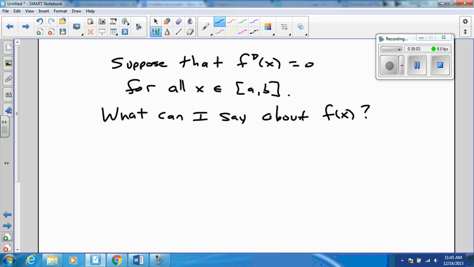How many of you have a function? How many of you drew a horizontal line? Is it possible to draw any other function other than a horizontal line? No. Okay, so intuitively we think that if my f prime is 0, then my function has to be a constant function. No, that's not continuous.